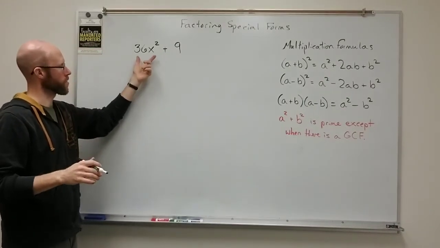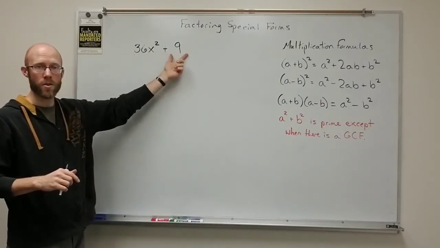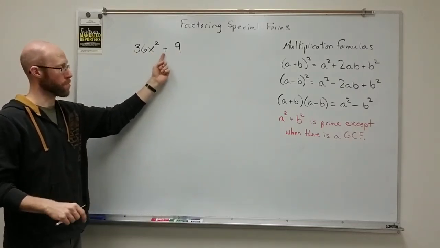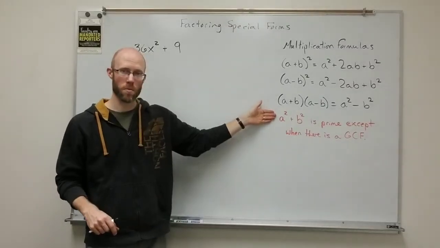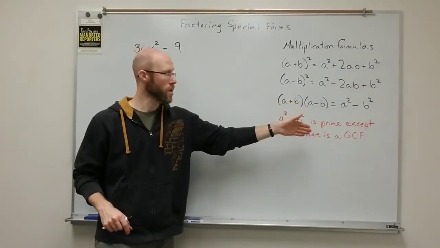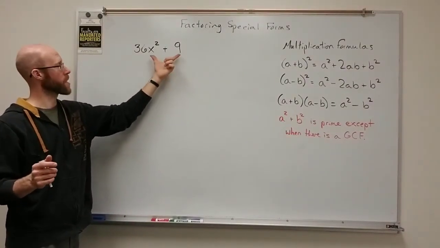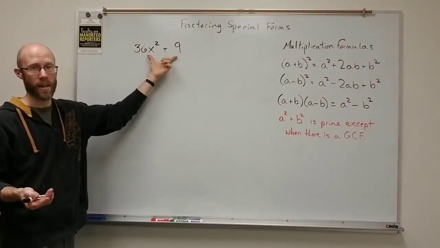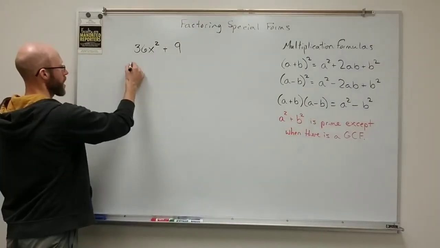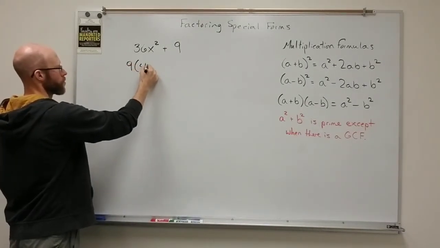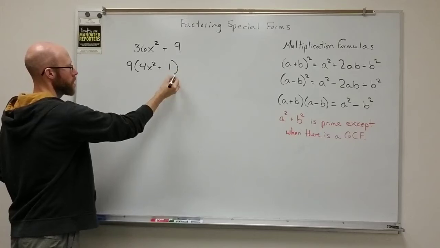Okay. Well, here I have a common factor. Before I go to the common factor thing, these are both squares. They're both perfect squares, and there's a plus in between, so it actually fits this formula of a sum of squares. However, initially I would think it's prime, except that there's a common factor of 9. And so if I pull out that common factor of 9, I'm left with 4x squared plus 1.